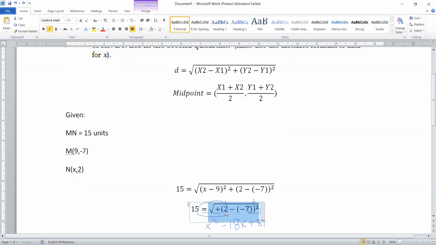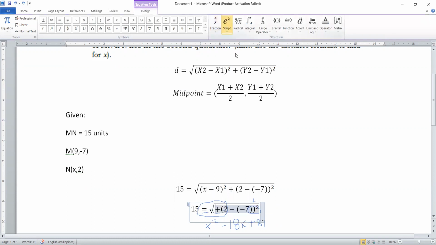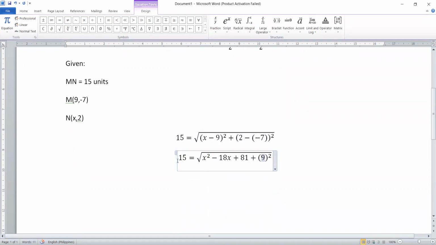So this will become x squared minus 18x plus 81, and this will be 9 squared.